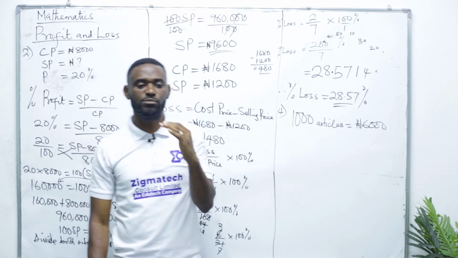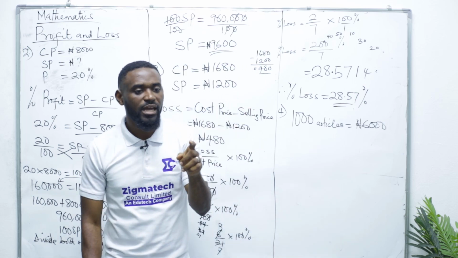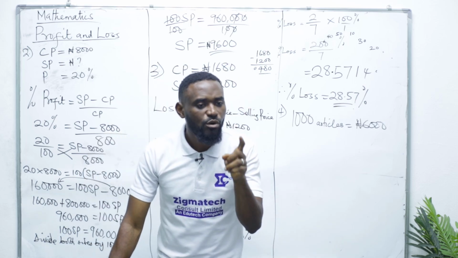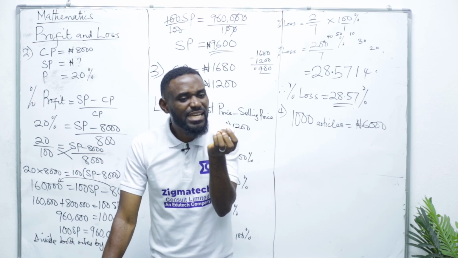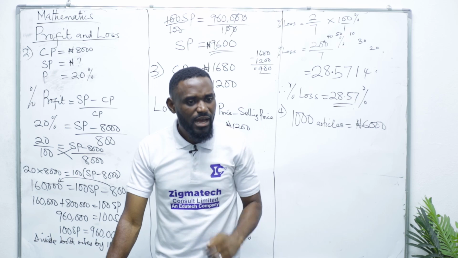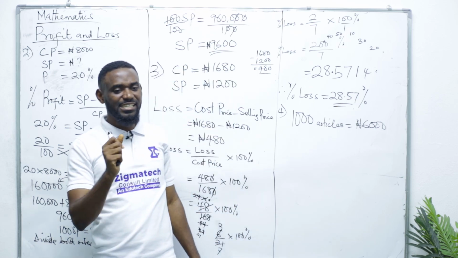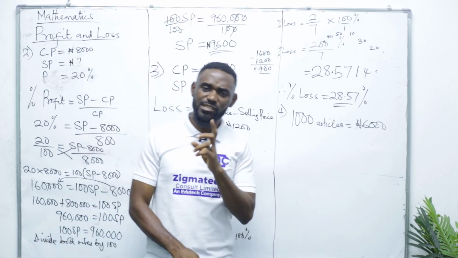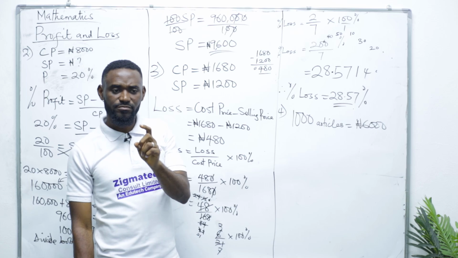They have given us the cost price for 1,000 articles. A dealer bought 1,000 articles for 6,000 naira and sold them at 9 naira each. It means each of the articles he sold for 9 naira.